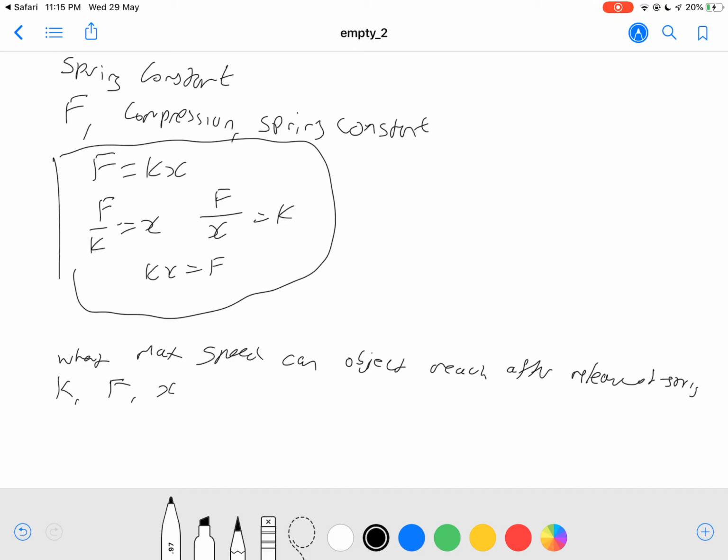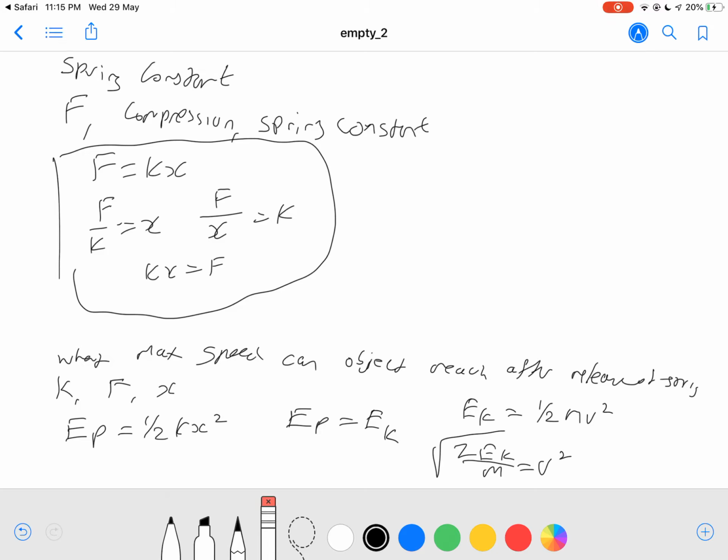All you have to do is elastic potential energy equals half kx squared, then EP equals EK. Then EK equals half mv squared, so 2EK divided by m equals v squared, so the square root of that equals v.